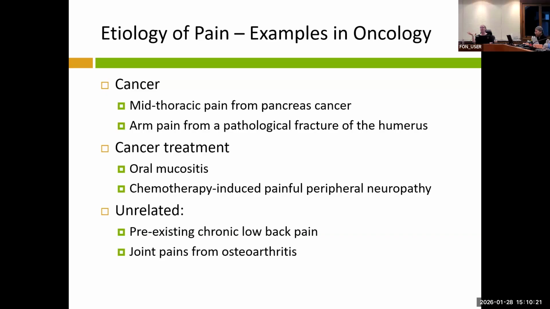You have peripheral neuropathy related to the chemotherapy, and then you have unrelated pain. So in summary, with cancer, you have a number of different causes that pain can be coming from: the cancer itself, the treatment, and then pre-existing pain like chronic low back pain, from what we were just talking about before.